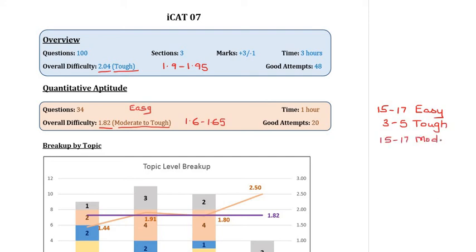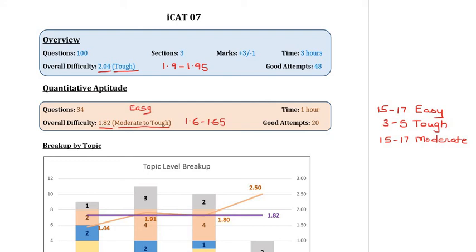Now, when we say that a question is moderate, the same question can be rated as tough by some faculty, easy by some other faculty, and moderate by some faculty. So a moderate question is basically a gray area between easy and tough questions where the remaining questions can be classified.